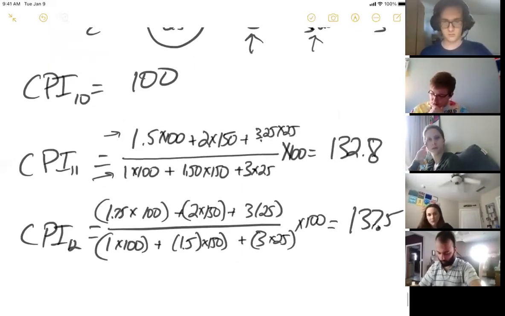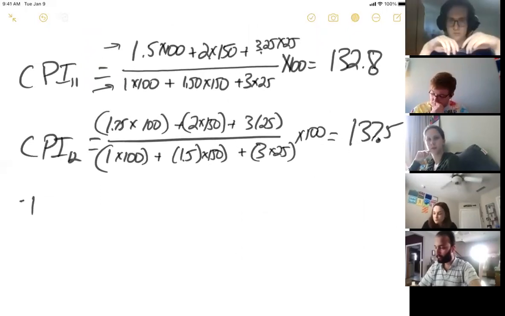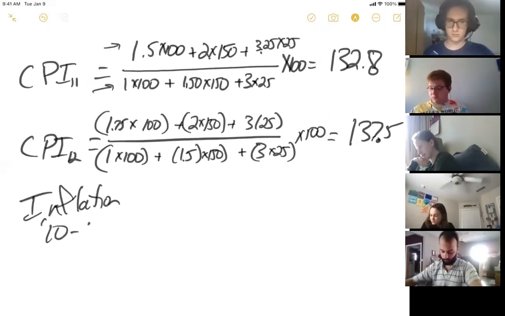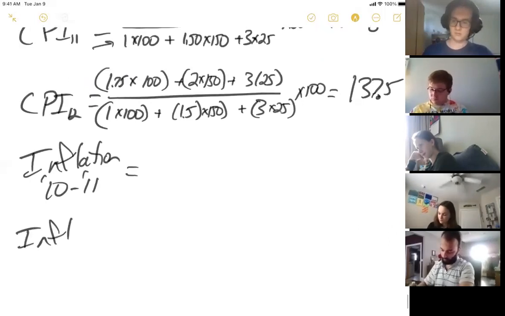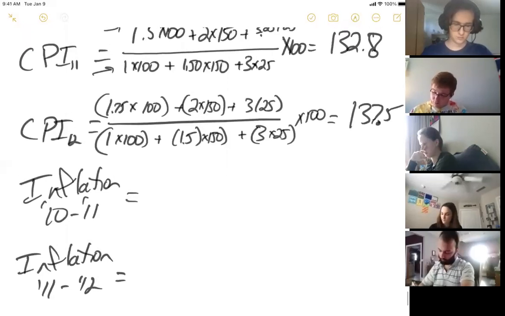So once you have the consumer price index for each of these years, now we can go and calculate inflation. Let's calculate what inflation is between 2010 and 2011, and then let's also calculate what inflation is between 2011 and 2012. So what's inflation between 2011 and 2010?